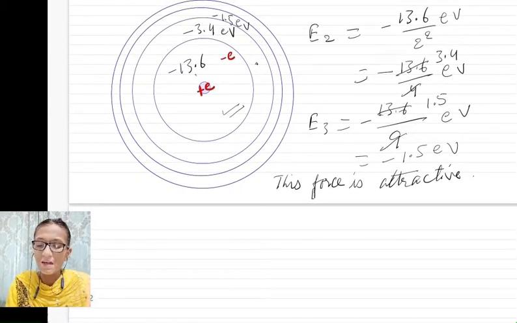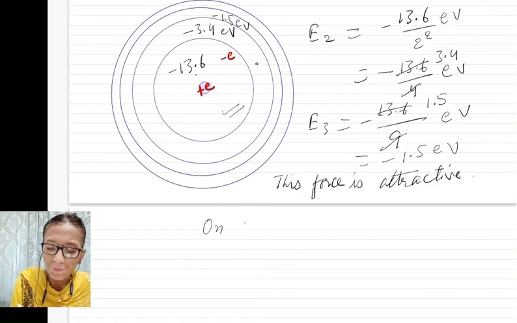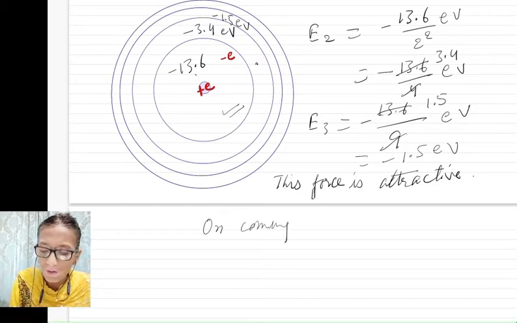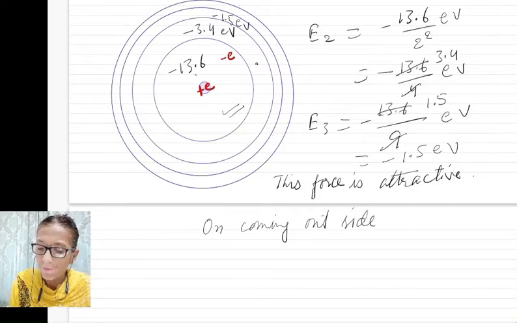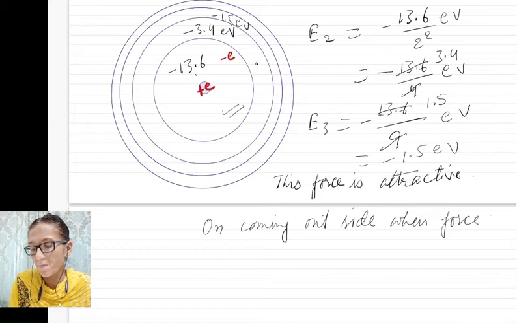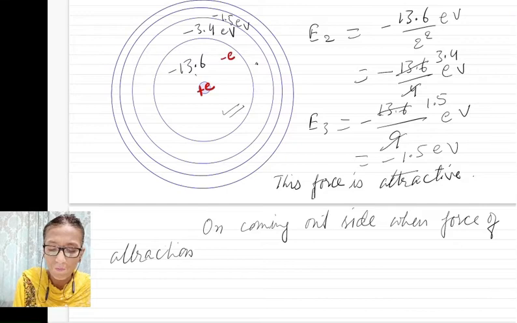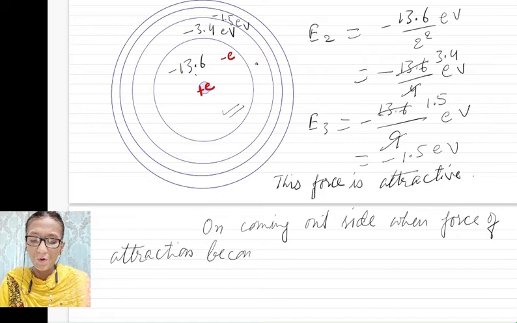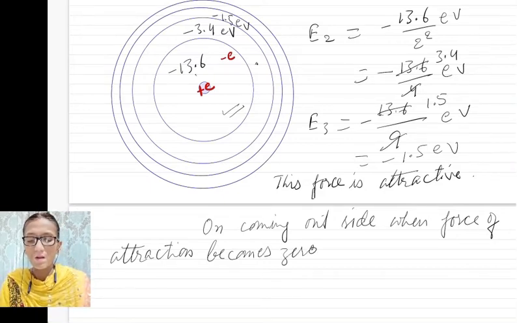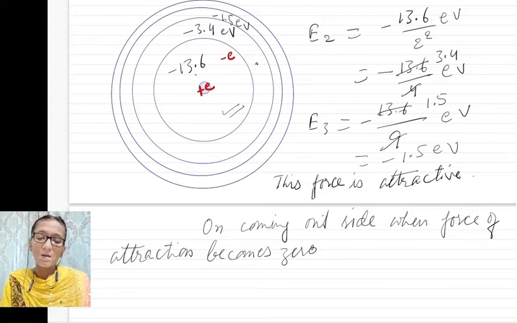When the force of attraction becomes 0, then the electron comes out from the atom.